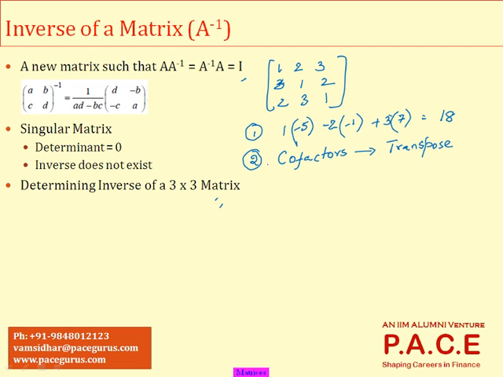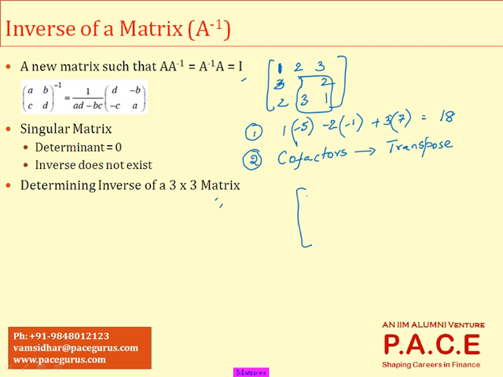What do I mean by the cofactor here? For the first one, you remove the first row, first column. So I am left only with this box. Find out its determinant and write it in a matrix.